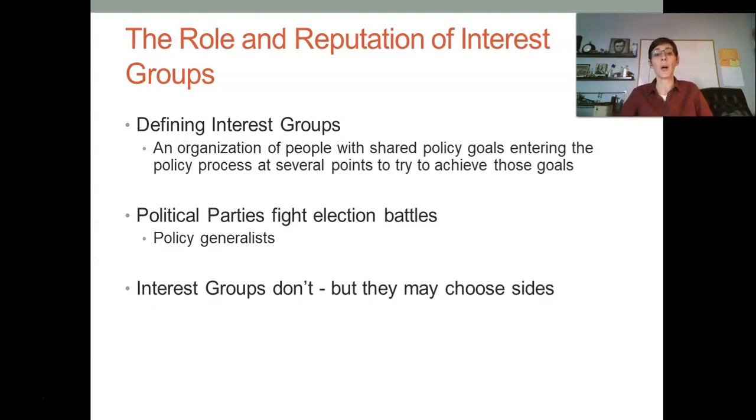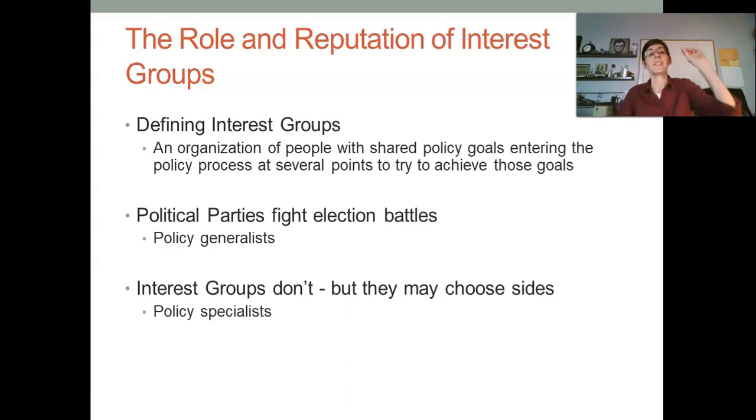Likewise, anti-abortion, pro-life groups are not necessarily going to directly support a candidate, but they're going to air ads and provide information to the public that undoubtedly will support the pro-life candidate.